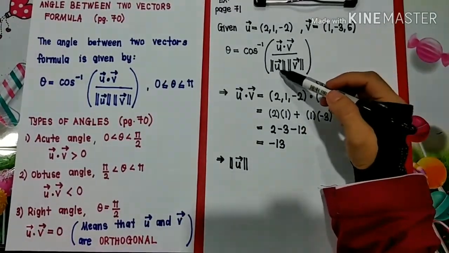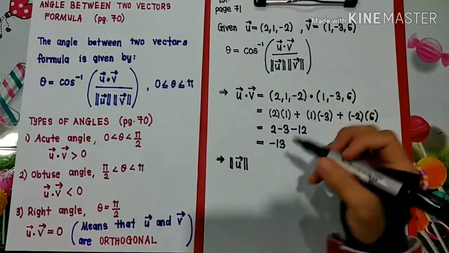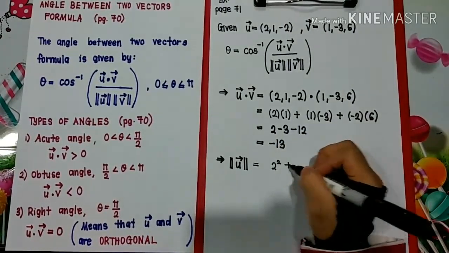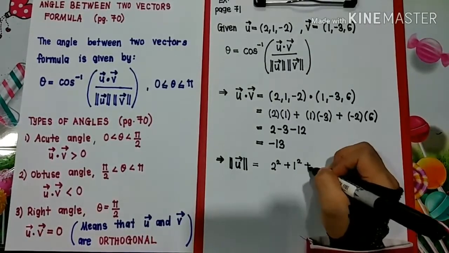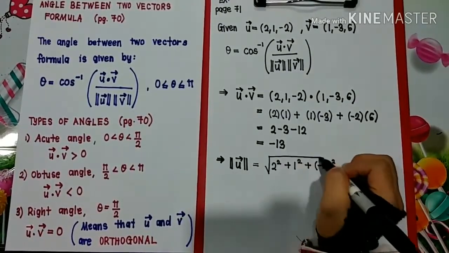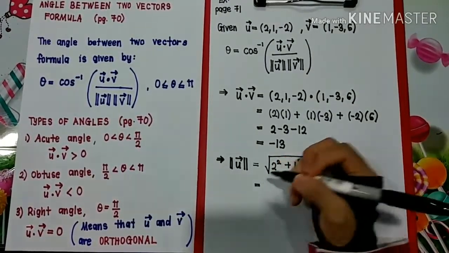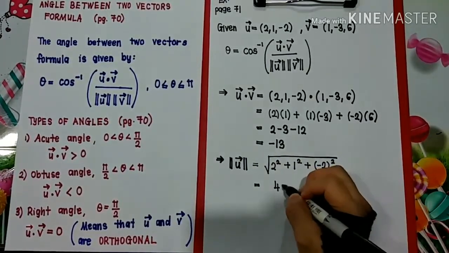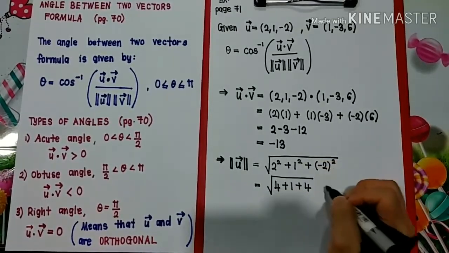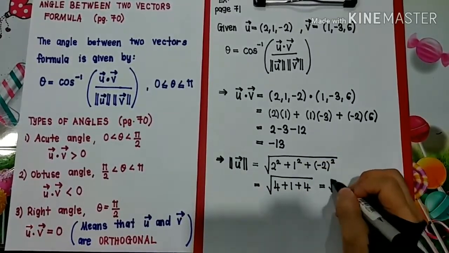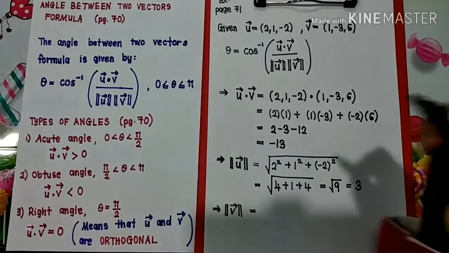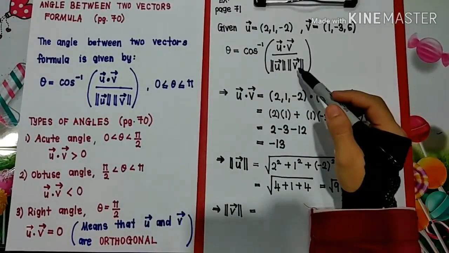Next, we find the magnitude of u. The magnitude of u equals the square root of 2 squared plus 1 squared plus negative 2 squared. So 4 plus 1 plus 4, which gives the square root of 9, and the square root of 9 equals 3. Then we find the magnitude of v.